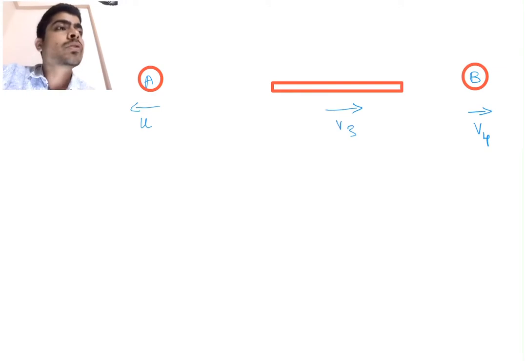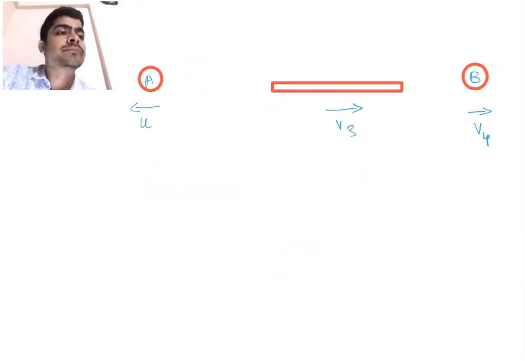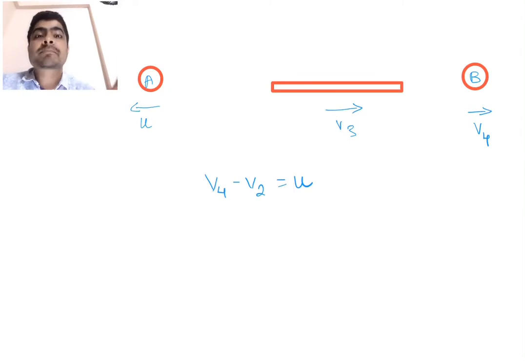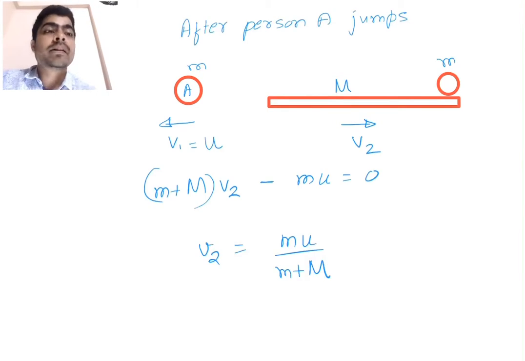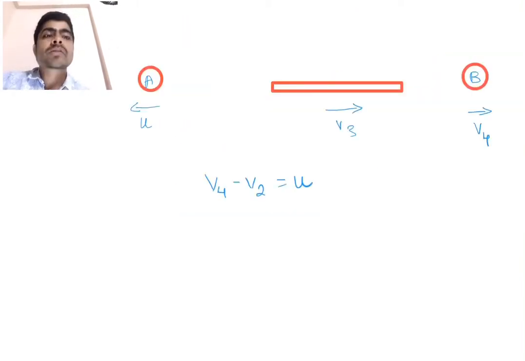Okay, so v4 with respect to v2 is how much? So v4 minus v2 is equal to u, because the question says that velocity is u with respect to the state before the jump. So before the jump the velocity was v2. So v4 is equal to v2 plus u.